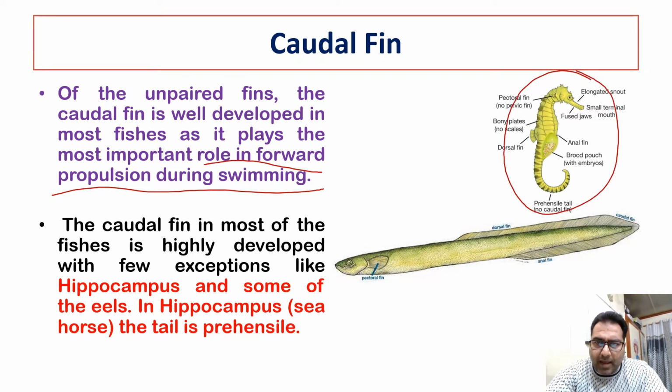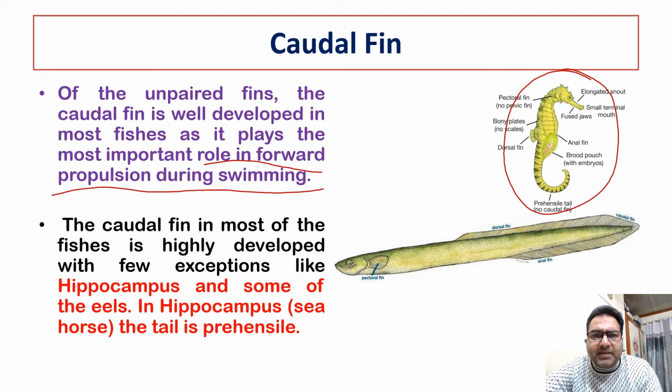In the case of Hippocampus, that is the seahorse, the tail is prehensile. In bottom dwelling rays, the caudal fin tends to become reduced, and in stingrays the caudal fin is lacking, because they are bottom dwellers and mostly use their pectoral fins for swimming.